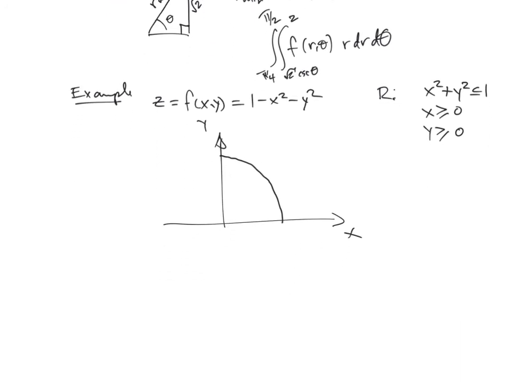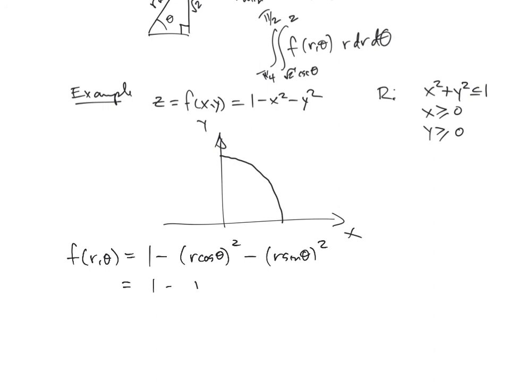Okay, well, the first thing we're going to do is convert our function from xy to r theta. So we get 1 minus x, which is r cos theta, squared, minus y, which is r sine theta, squared. Right? And if you simplify that, what do you get?